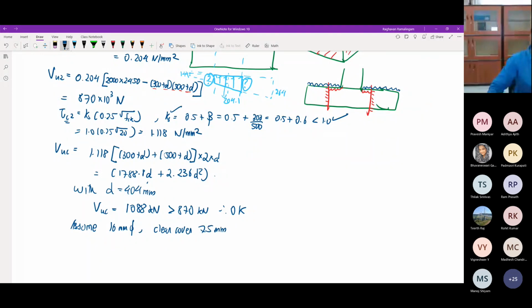So 75 mm has been assumed in this problem. Minimum is 40. Best thing is don't give less than 50 for clear cover in a footing. Here it's given 75. So the overall depth should be greater than 404 plus 16 by 2 plus 75, which is about 487. So provide 500 mm overall depth.